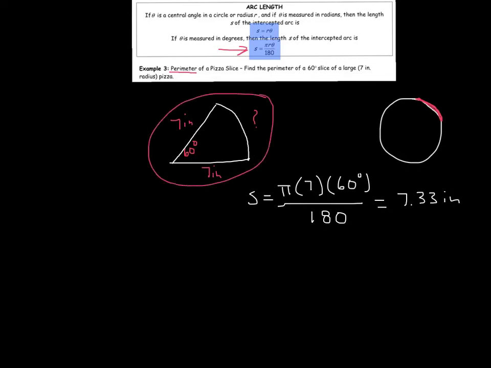So you just found the arc length, so you need to add 14 to your answer because you have two sides of the pizza you have not accounted for. So you have the 14 plus the 7.33, and that's going to be 21.33 inches, and that is your perimeter.